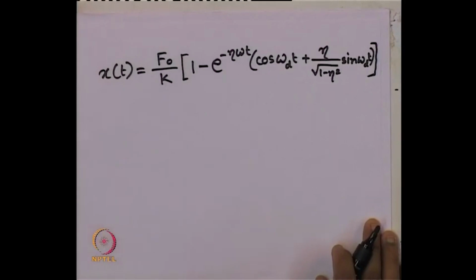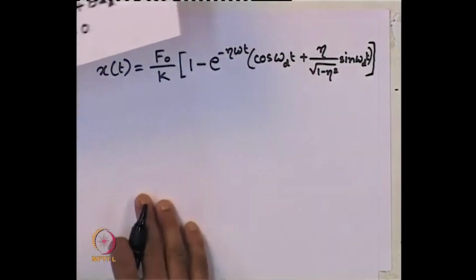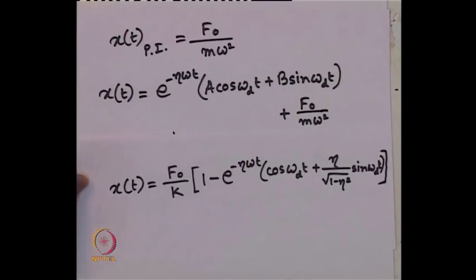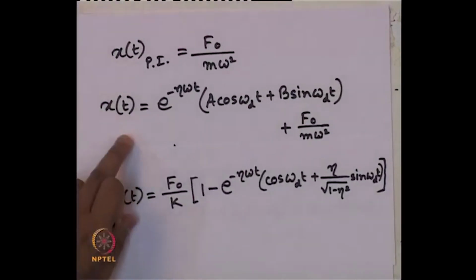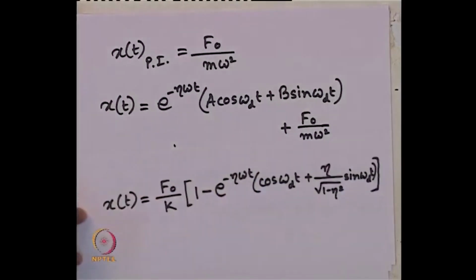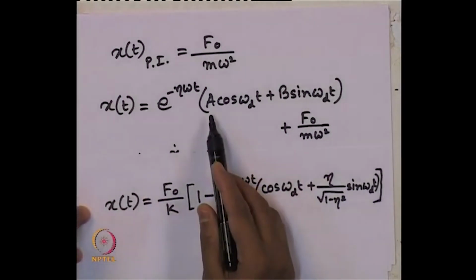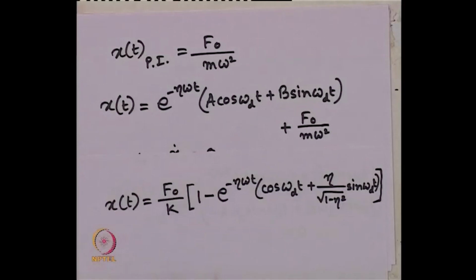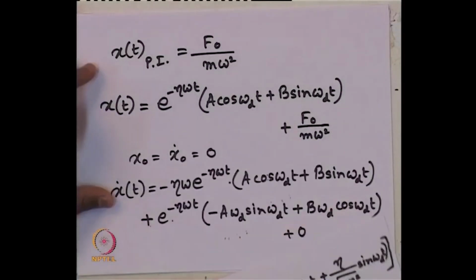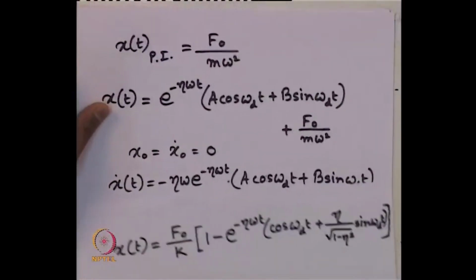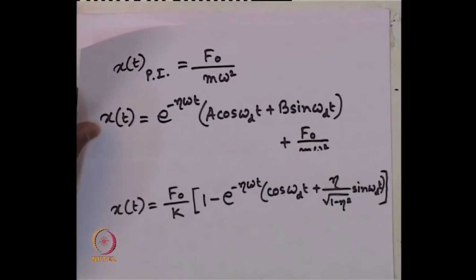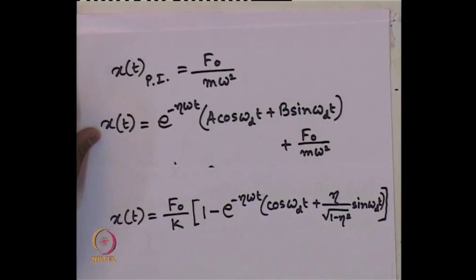Let us look at the solution once again, so that it will be easy for us to follow. This was our complete solution. We got the value of A as minus f naught by m omega square and B as f naught by k minus f naught by k eta times root over 1 minus eta square.